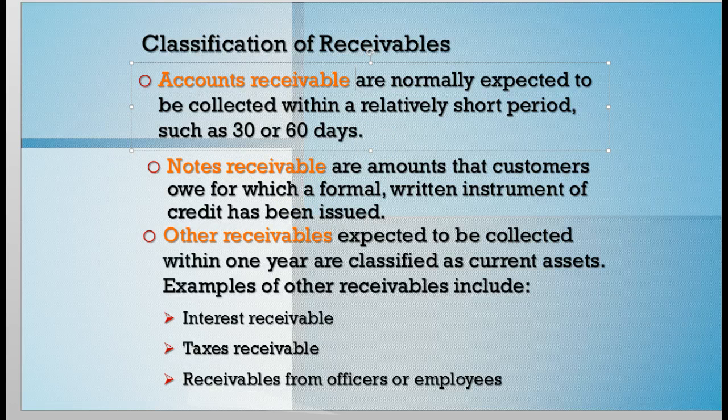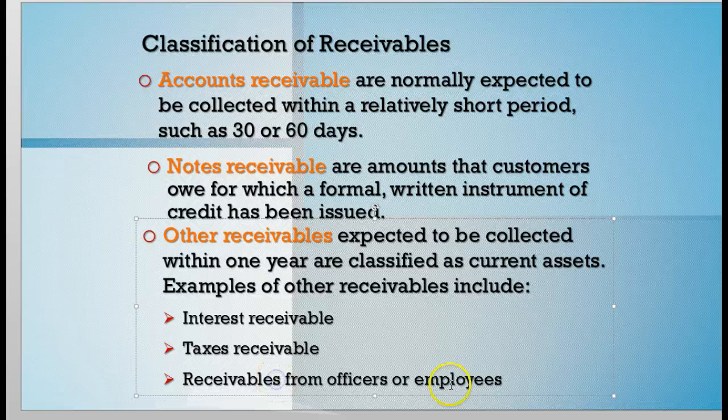with interest on it. Other receivables you could have that you can collect within a year are classified as current assets: interest receivable maybe, on a large note receivable, or taxes receivable from the government, a payback. Possibly if you've made loans to your officers or your employees, you could get a receivable back on that.